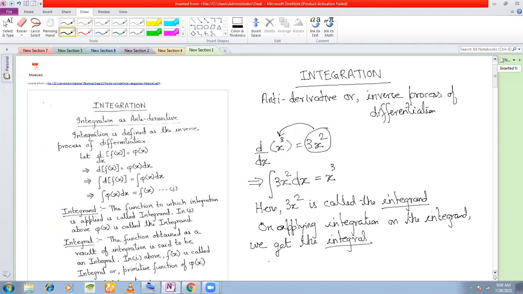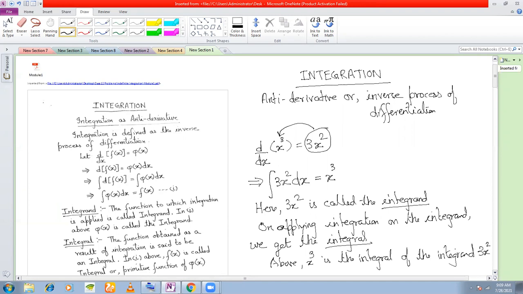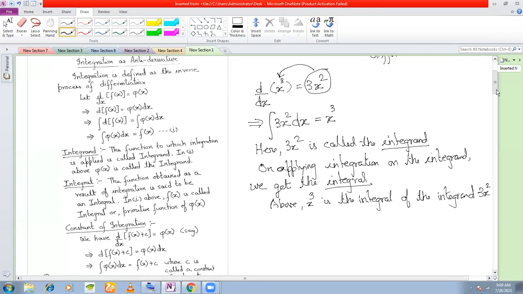So here above, which one is the integral? X cube is the integral of the integrand 3x square.